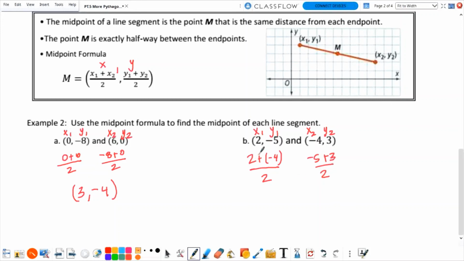So 2 plus negative 4 is going to be 2 minus 4. So 2 minus 4 gives us negative 2, divided by 2 gives us negative 1. Negative 5 plus 3 gives us negative 2, so negative 2 divided by 2, also negative 1. So these are your midpoints.